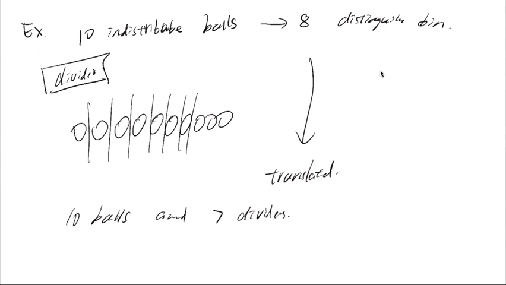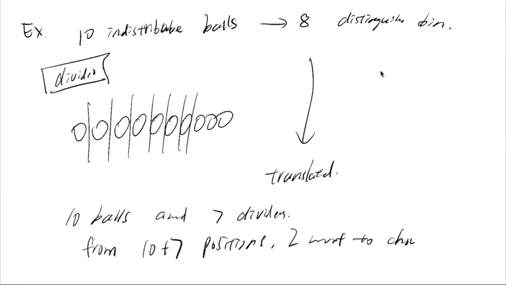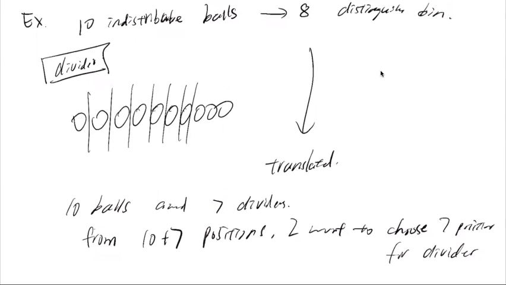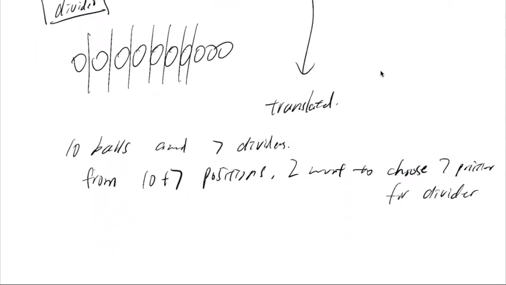So it's basically from these 10 plus 7 positions, I want to choose 7 positions for the dividers. That's how we translate this problem into a simpler problem that we are more familiar with.